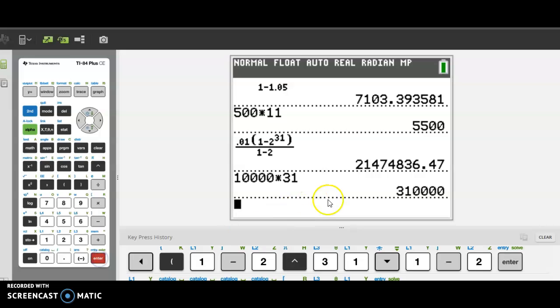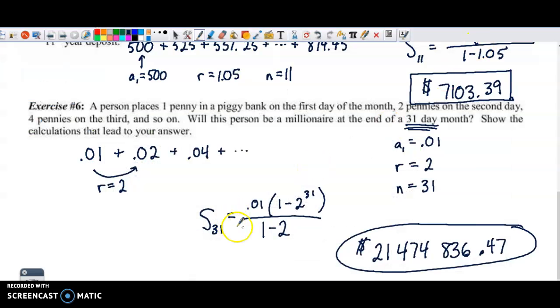Oh, yeah, I'd make $310,000. I think I'd rather have that. But when you really add it all together, and you double the penny over and over again, you end up with so much more money. I think if we just found the basic formula for the 31st term, you are a millionaire by the 31st day anyway.